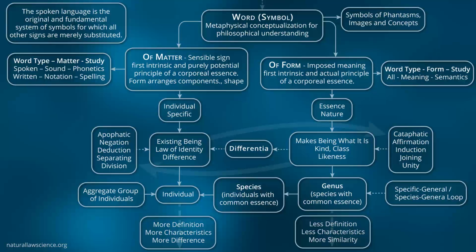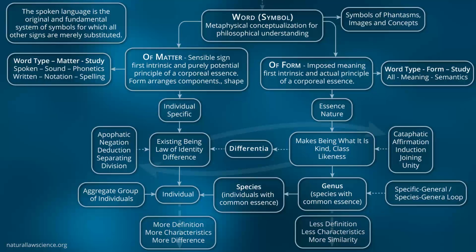Now on the other side, we have the essence and nature, which relates to form, because the essence and nature is what will provide, in this model, the information for the potential matter to organize, coordinate its components, and form the shape that it's supposed to take.